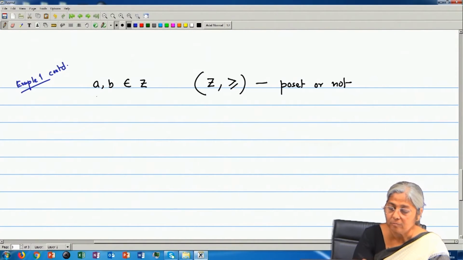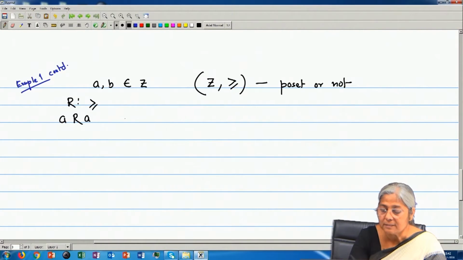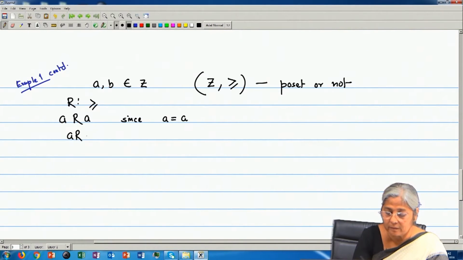Okay. Now, A, B belongs to Z. So, my relation R is greater than or equal to. So, if I write A R A, since A equals A, A R A holds, A R A is true. So, the relation is reflexive.